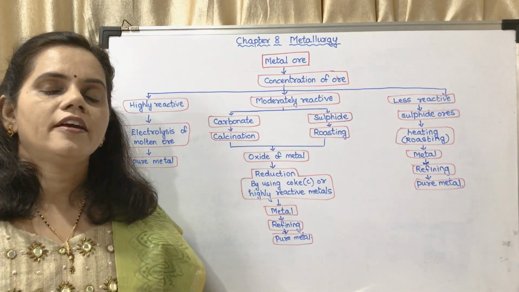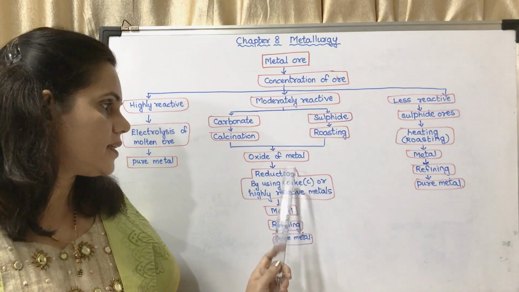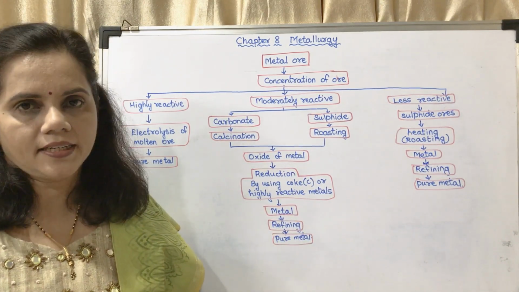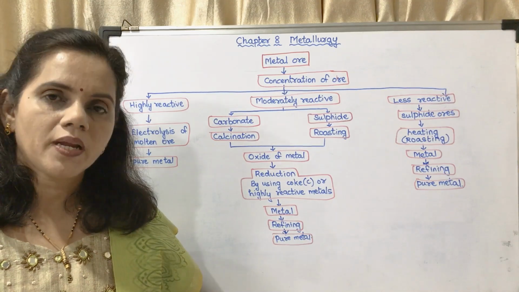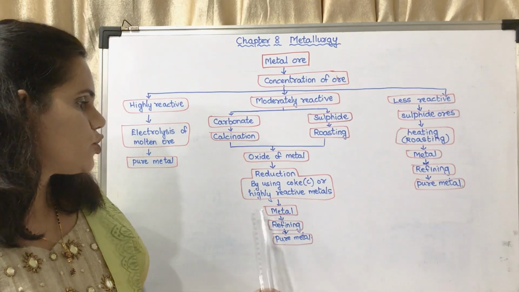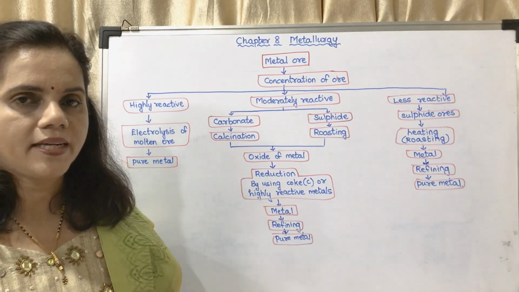So you may make the metal oxide react with some other metal which is more reactive. Then a displacement reaction will take place and we will get the metal. It is refined and we get the pure metal.